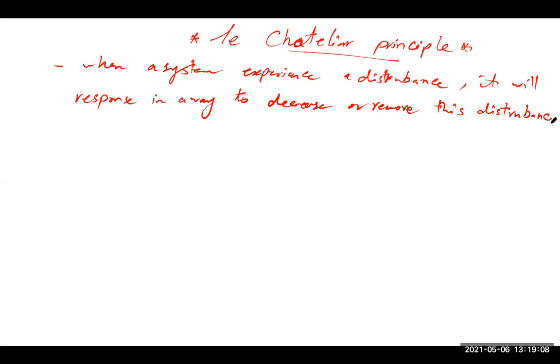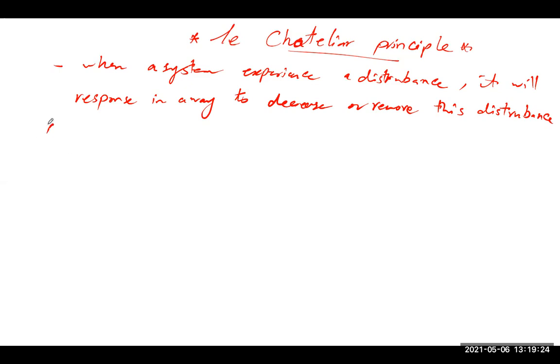So if you try to add a substance to a reaction at equilibrium, or try to change the temperature or the pressure, the reaction will try again to get back to the equilibrium state in its own way.